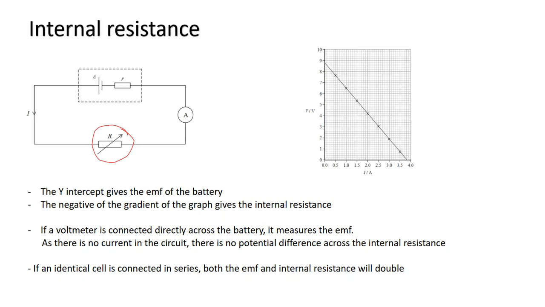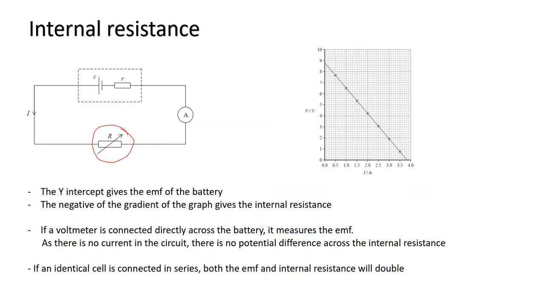So with multiple values of current and potential difference, you can plot a graph. This is what the graph would look like. And some features of the graph are very important. The y-intercept gives the EMF of the battery. The negative of the gradient of the graph gives the internal resistance.